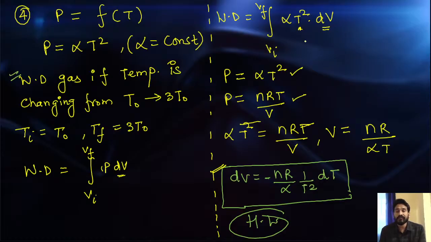So what should be our mathematical approach here? Our approach will be that we have to convert V into T, so that there is consistency in one parameter, and we can solve the further expression, right? Is it clear to you?